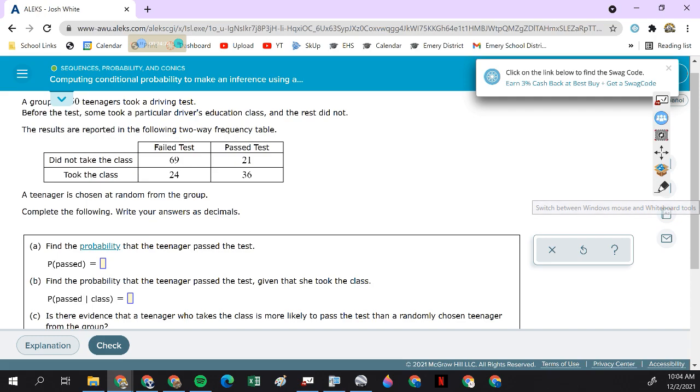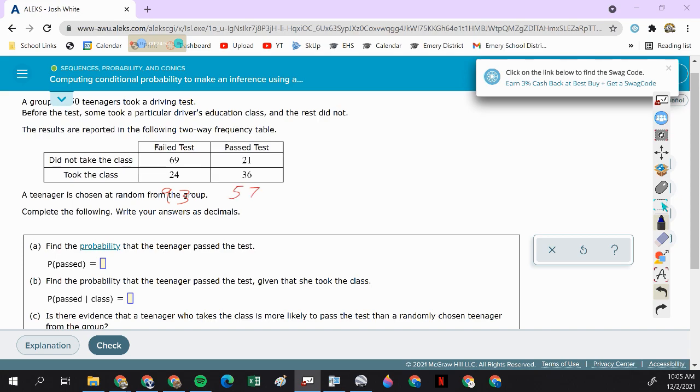Here we have a driver's education class. Some people took the class and some did not. Some people passed the test and some people failed. So let's finish out our 2A table. 69 and 24 is 93. 21 and 36 is 57.